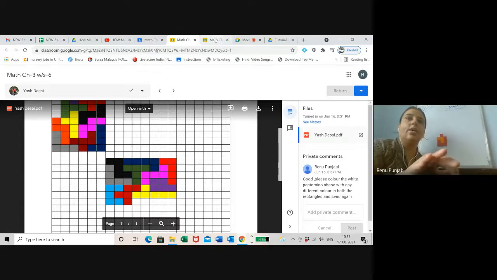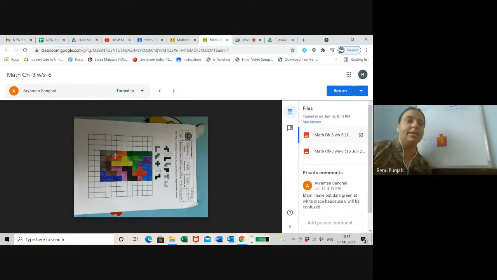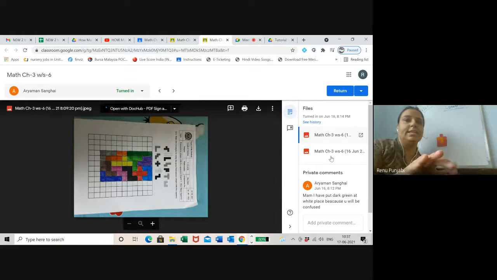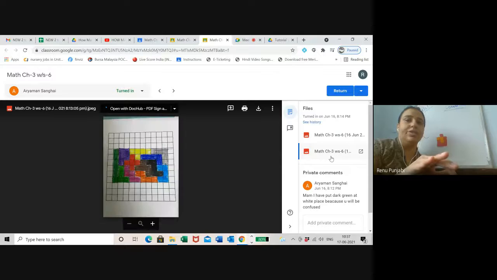Now I'll show you this one. Can you see? This is made by Aryaman Sangai. Can you all see the arrangement of the 12 shapes? Yes. Very nicely he arranged them and made the rectangle. As I instructed, at the place of white he has colored green.